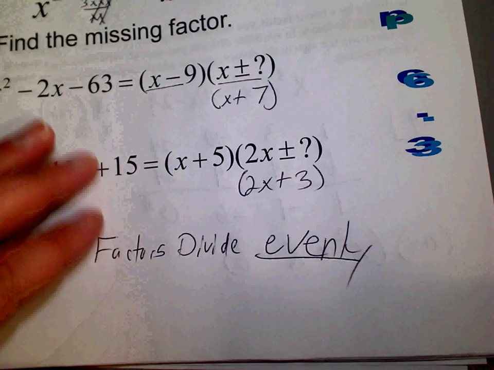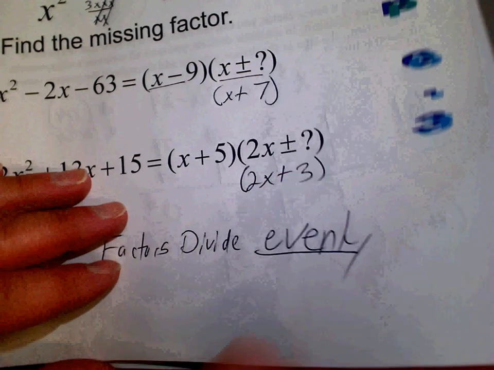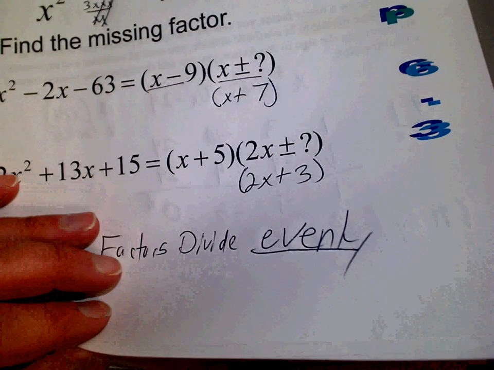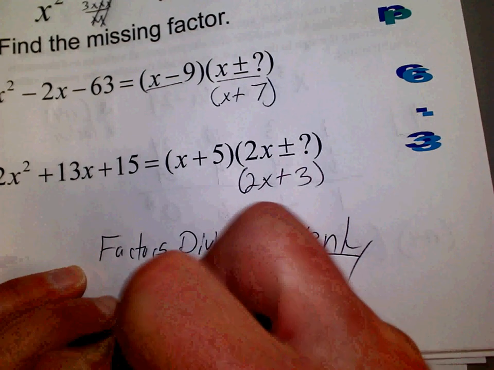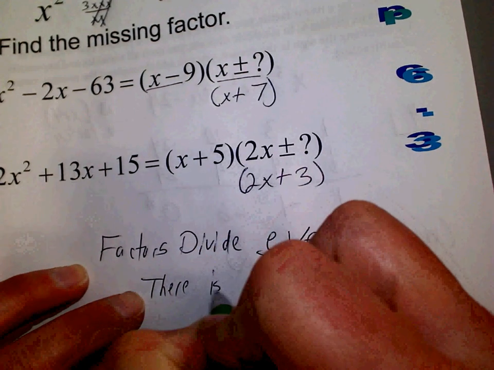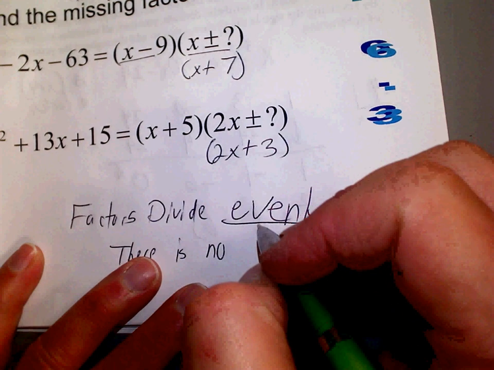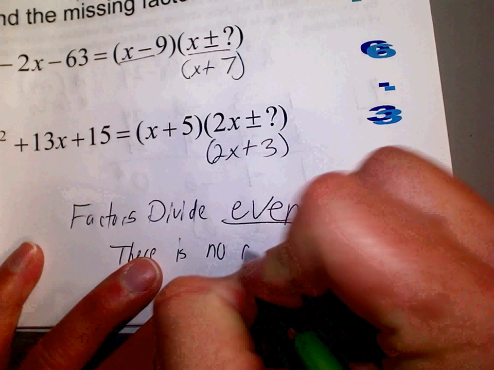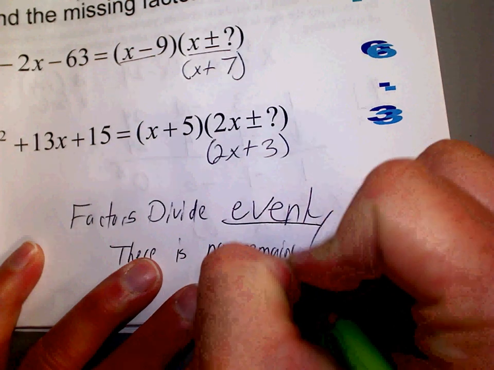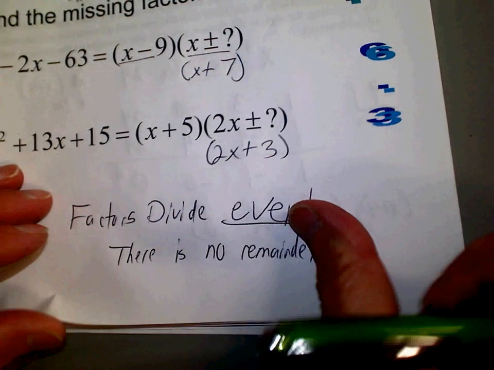Factors divide evenly, don't they? Would you agree with that? There is no, what's the R word we used to use? Remainder. So a factor, if you divide it, will not have a remainder.